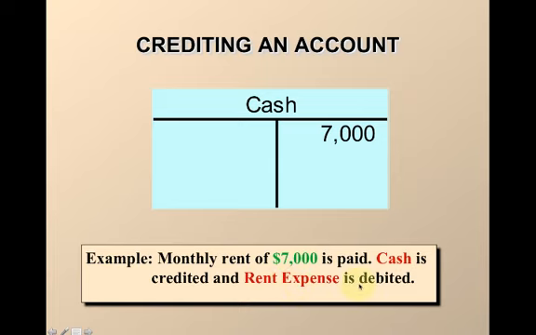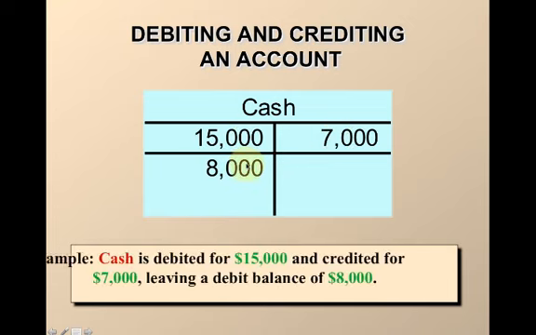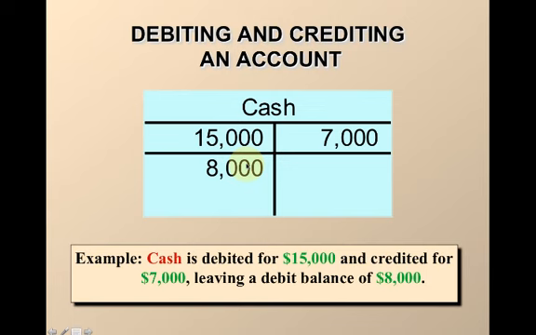In every transaction, your debits must equal your credits. So here we have a quick demonstration of how we debited it for 15 and credited it for 7. That means it increased by 15, then decreased by 7, and therefore we have an $8,000 balance, which is a debit balance.